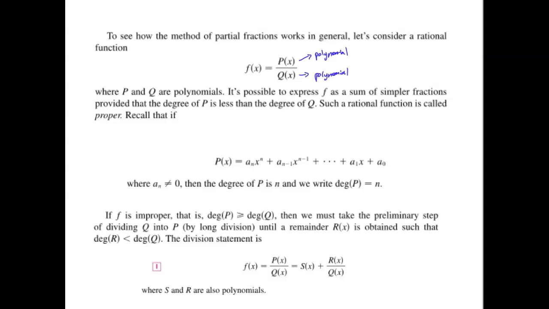That's important. Remember what a polynomial is? Expression involving a variable with only whole number powers. So it can't be like x to the 1/2 or x to the pi or anything like that. It's only whole number powers. All right.